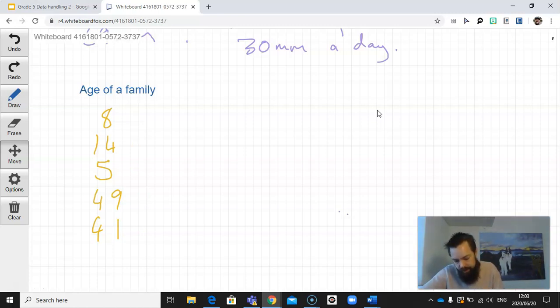Based on the ages, I'm guessing that these are the mom and dad, and these are the kids. That's not part of the maths, but there you go. Okay, so let's start off by adding them up. So remember, for the mean, we add and divide for the mean. So we've got a 5, 49, 41.